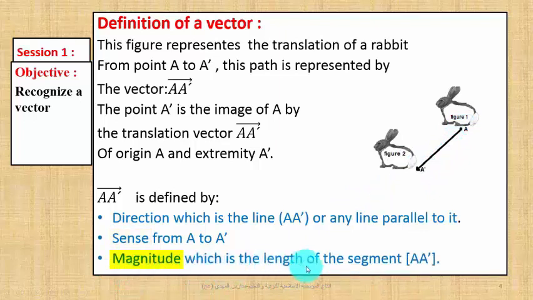Magnitude, which is the length of segment AA prime, 2 centimeters, 3 centimeters, whatever. So the length of segment AA prime. You must study these 3 characteristics.